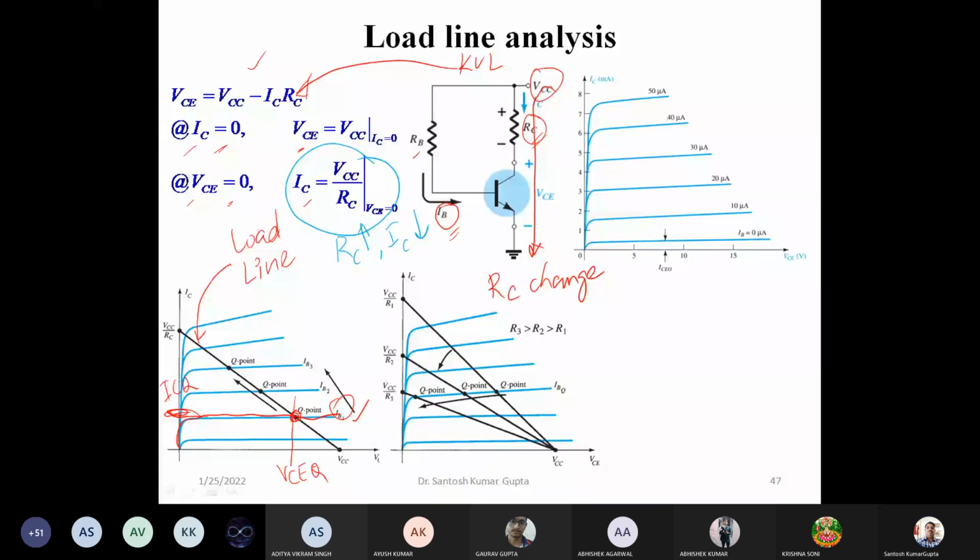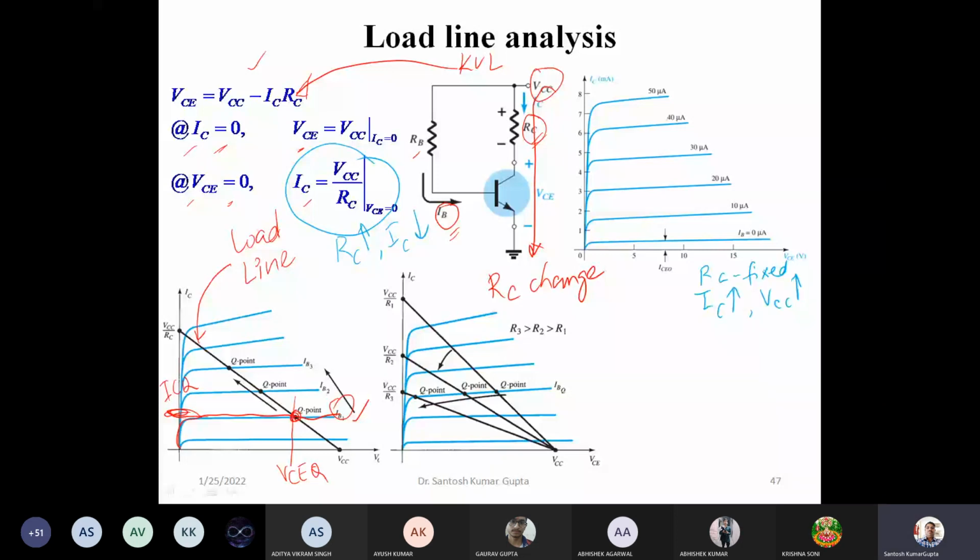Similarly, for a fixed value of RC, IC will increase as VCC is increased.